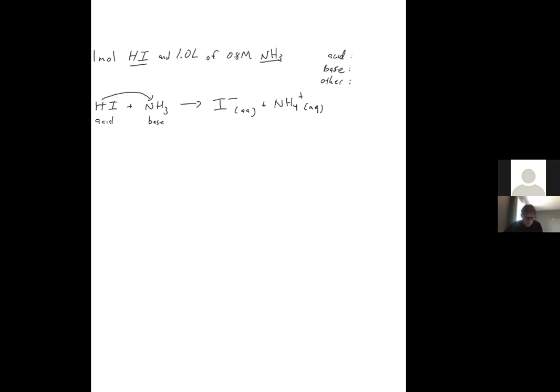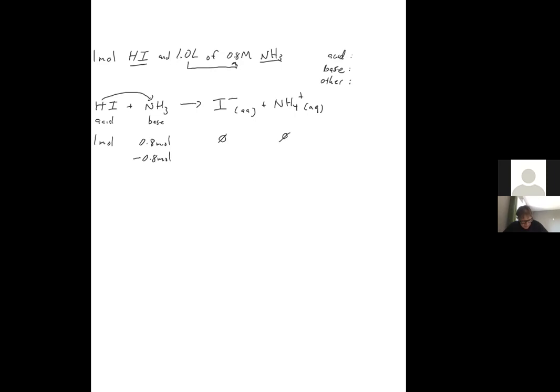Okay, now we have to do the numbers next. So we have 1 mole here. And 1 liter times 0.8 molar is 0.8 moles. Okay, we'll make these 0 at the beginning. So which one's the limiting? The smaller one.